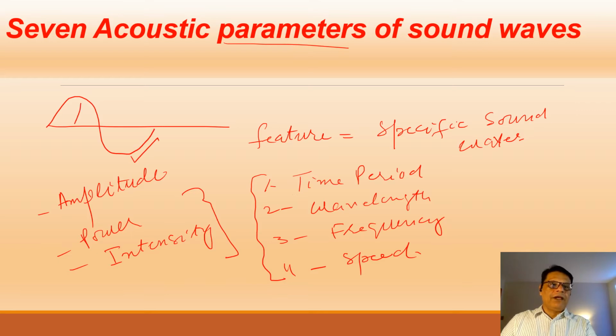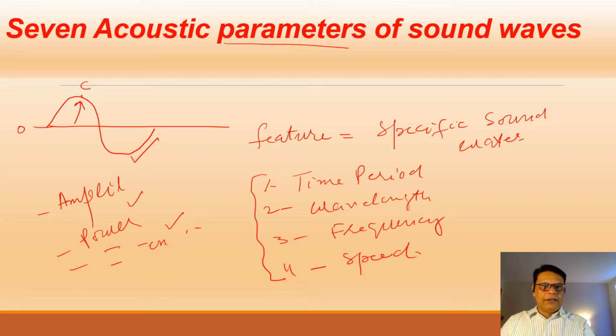Amplitude is the distance from the maximum point of the crest to the zero line. When amplitude increases, power and intensity also increase. Power and intensity are actually the energy, and we will discuss that a little later in coming slides.